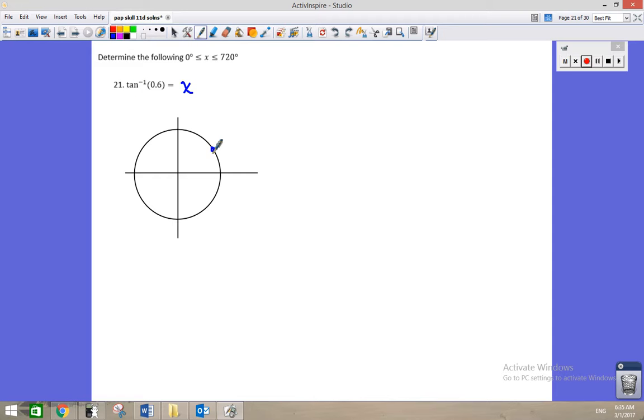Tangent is positive in quadrants 1 and 3. So there's a point that has coordinates x, y that has a ratio of y divided by x that's equal to 0.6. And y and x are both positive. Down here, these same 2 points, x and y, are both negative, and that ratio is the same.